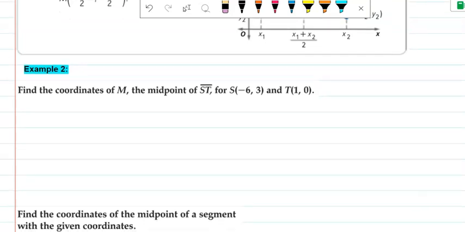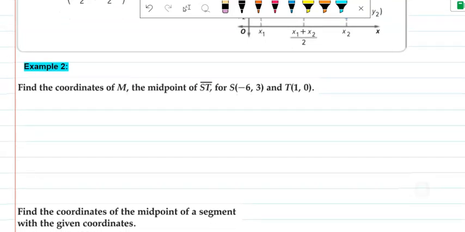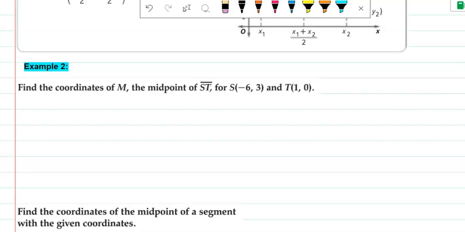Okay, so if we have m, we have s is at -6, 3, t is at 1, 0, and we're looking for the midpoint. So our x's, remember our x's always come first. So -6 plus 1 over 2, and our y's are second.